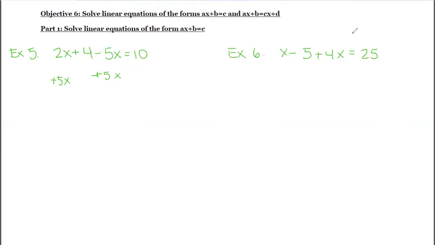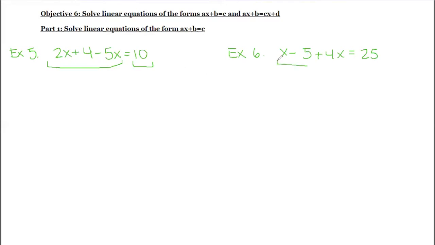It wasn't anything that you could add as far as combining like terms. So in these particular problems, we do have terms that we can combine. So you need to combine your like terms before you start moving stuff across that equal sign. So let's look. This is the left side of our equation, and this the right side.